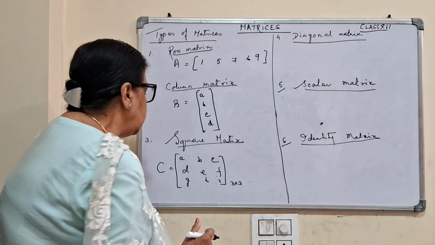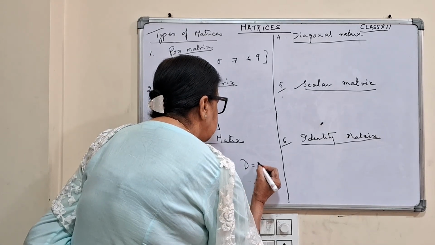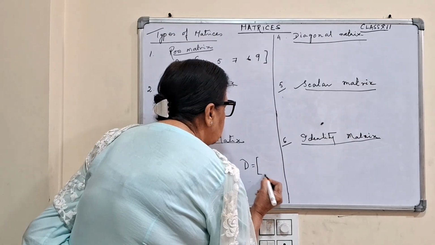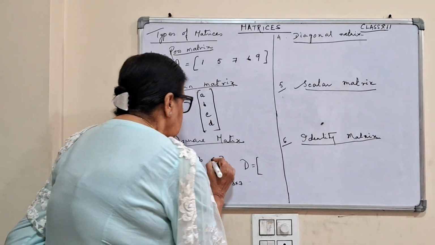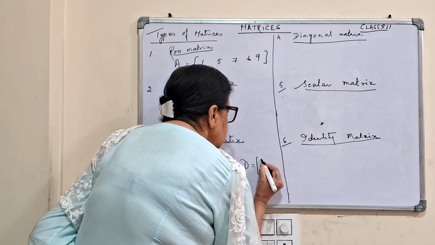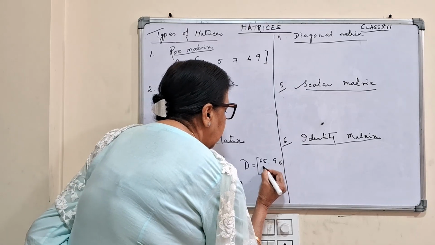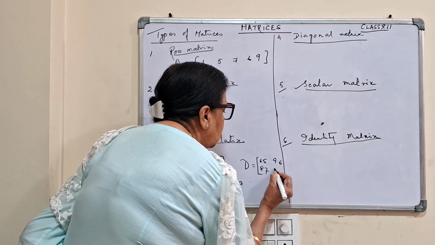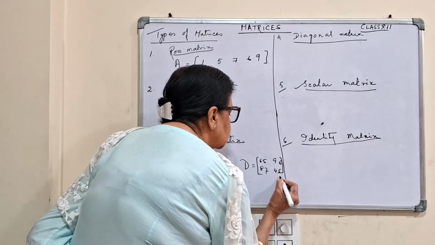And then again, I can have D also. This is another matrix. These are each called elements. So that is 65, 96, 87, 45. That is 2 rows, 2 columns, that is 2 into 2.